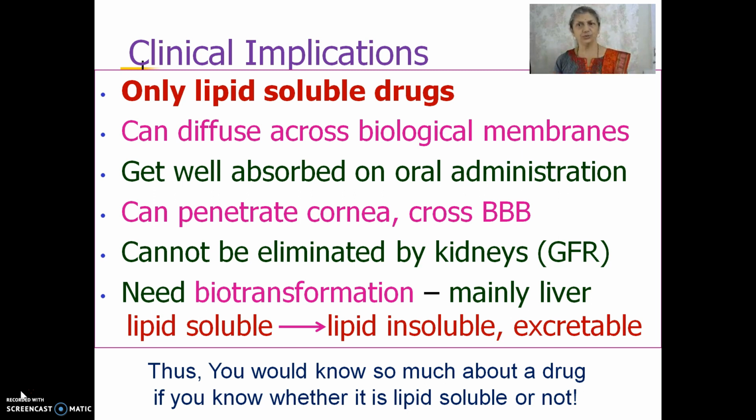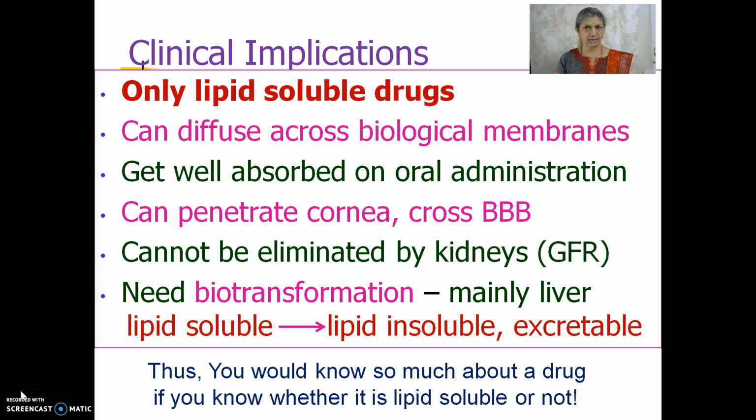And this also decides the process of elimination, which applies to that drug. For example, if you have given gentamicin and glomerular filtration is less or not normal, gentamicin will accumulate and further cause toxicity. Whereas for lipid-soluble drugs, liver function has to be proper so that the drug does not accumulate and cause a problem.